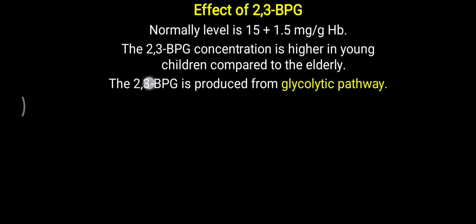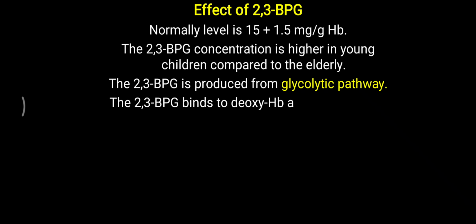That 2,3-BPG is produced from the glycolytic pathway. In glycolysis, 1,3-bisphosphoglycerate, one intermediate molecule, is generated, and from that 1,3-bisphosphoglycerate, 2,3-bisphosphoglycerate is generated. That is also called the Rapaport effect. The Rapaport effect also helps in the formation of more 2,3-bisphosphoglycerate, so you have to remember that effect.